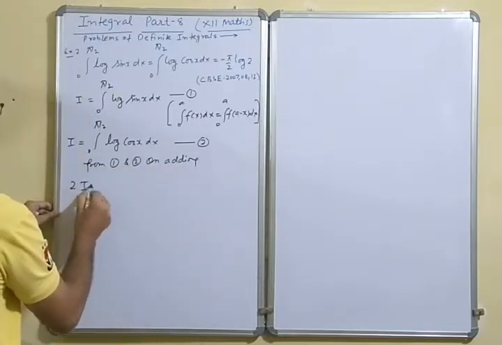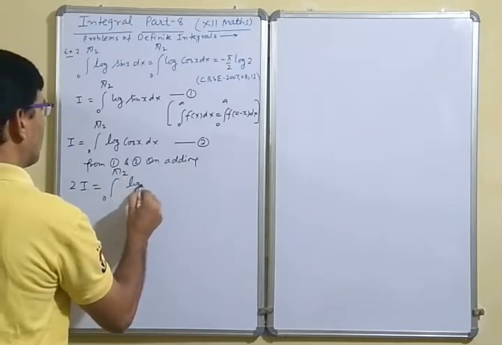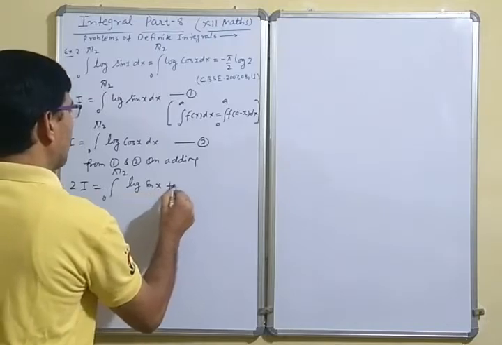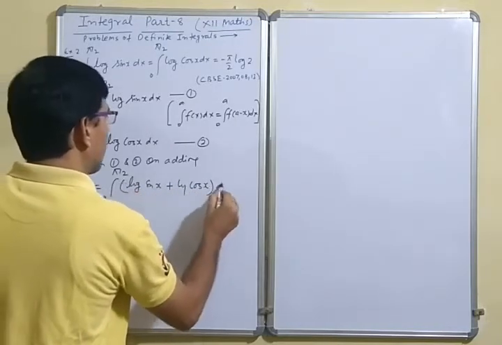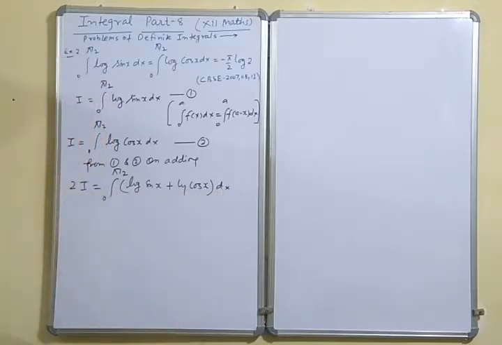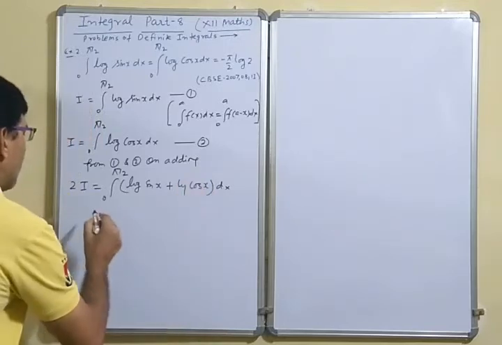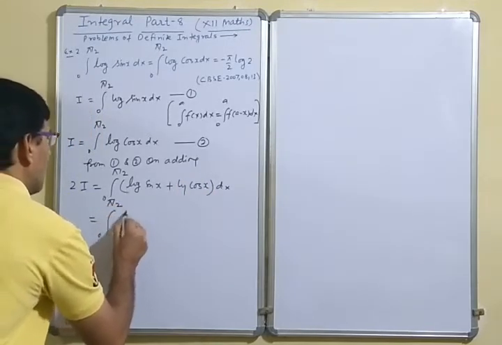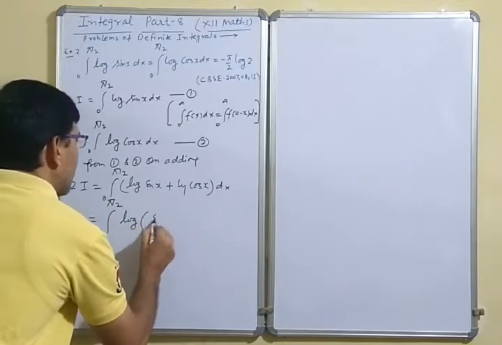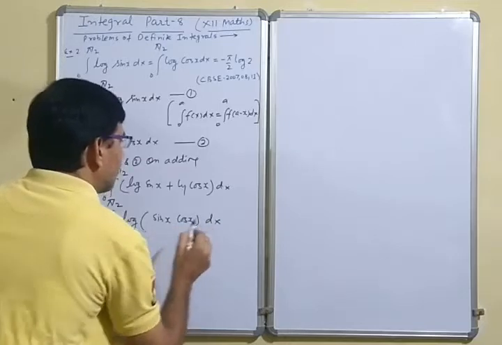2I is equal to integral 0 to pi by 2 of log sin x plus log cos x dx, whenever we add it. Now we know the property log a plus log b is log of a into b. By using this property, this becomes integral 0 to pi by 2 of log(sin x cos x) dx.